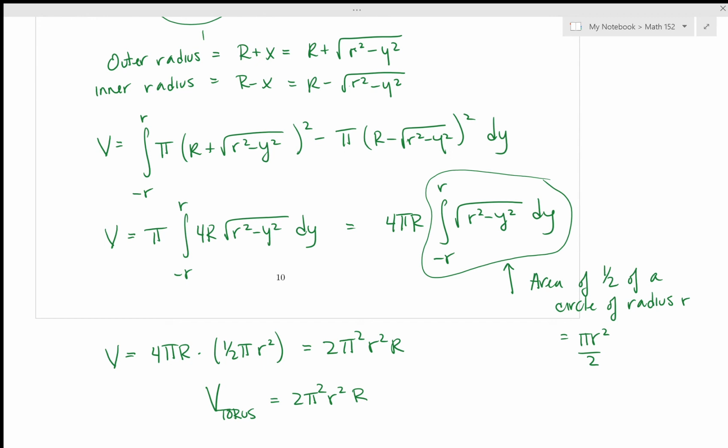You just need ones that you can set up as a volume of revolution, and as long as you follow the procedure, it is straightforward to find the formulas.